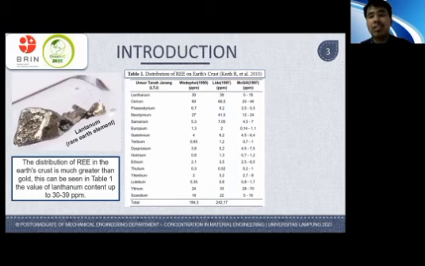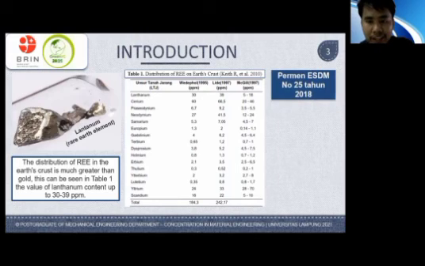With a lot of resources, Indonesia has a regulation, Permen ESDM number 25, that regulates the industry or business process in this country to refine the lanthanum, the rare earth element, up to 90%.